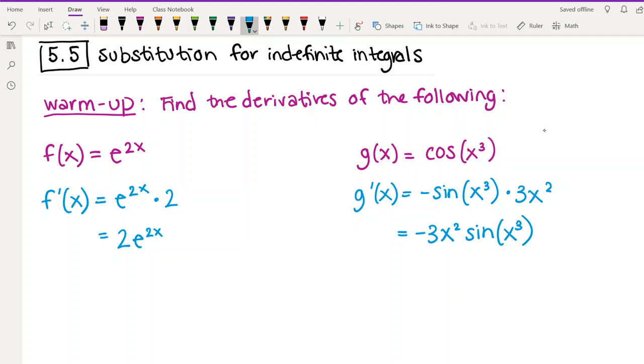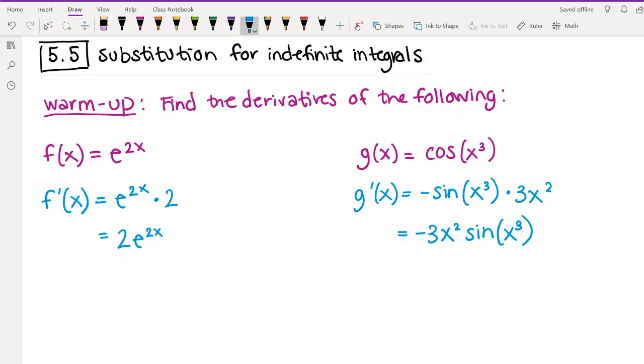If you're at all rusty with the chain rule, and you don't remember how it really works, you might have to go back a little bit from last quarter. You'll see that I have a Calc 1 video that covers the chain rule, at least one. I probably have a few about the chain rule, so you can go check those out.